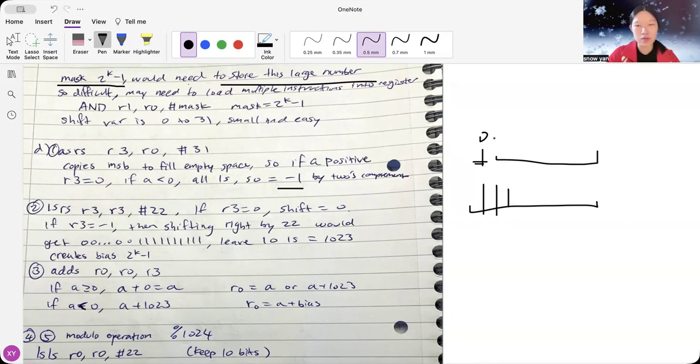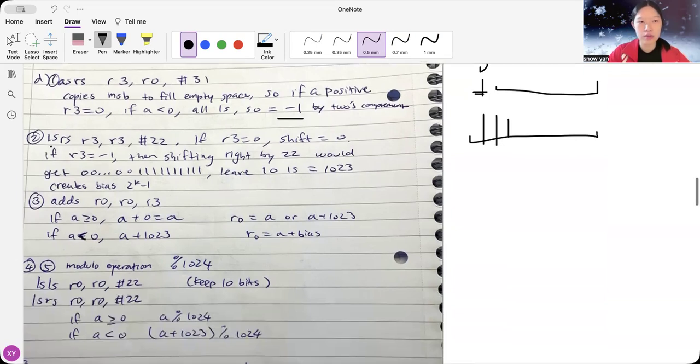So my result would either be 0 if it's positive, or -1 if it was negative. That's what I have. Then I store this flag that I created inside the register R3. That's the idea. And in part 2, what I do is LSRS R3, R3, #22.